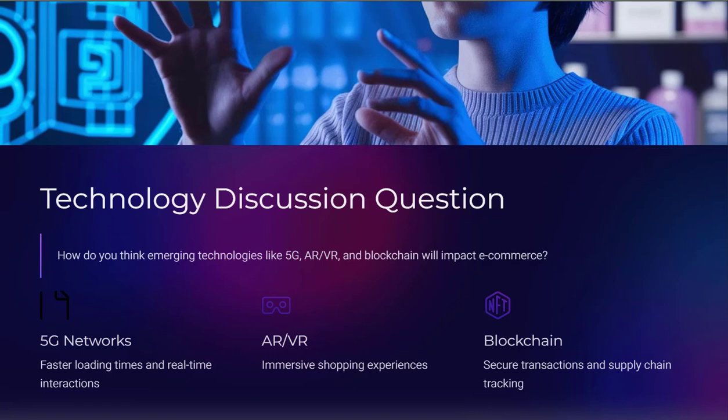AR and VR can create highly immersive virtual shopping experiences that bring products to life. And blockchain technologies can provide secure transactions and allow for better tracking of the supply chain. These innovations have the potential to significantly transform the e-commerce landscape in the years ahead. We will also consider how these technologies might change the way we shop online in the future.